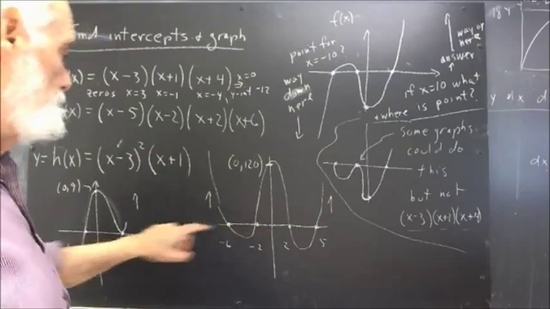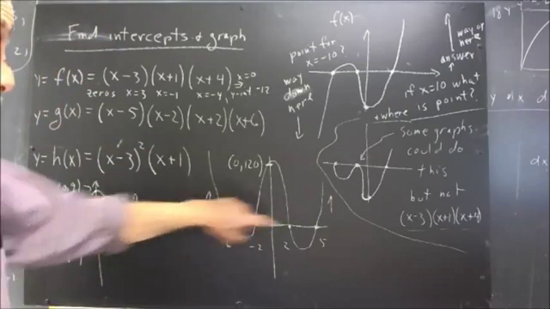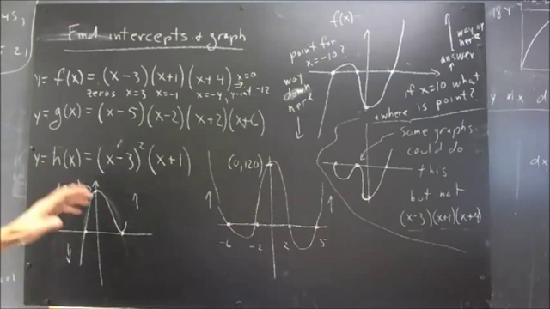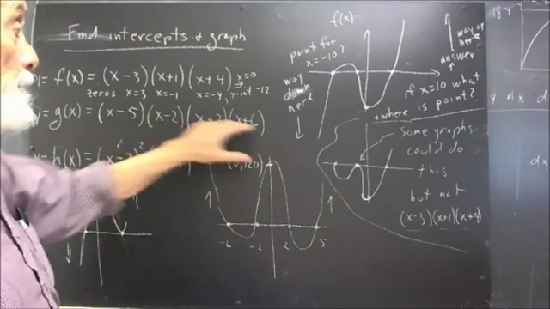If x is a negative number, bigger than any of these zeros in magnitude, then all these factors are going to be negative.